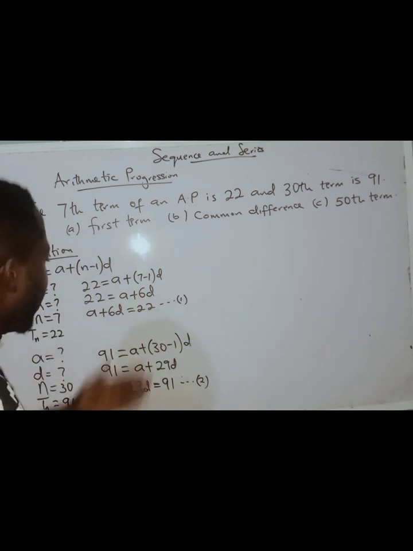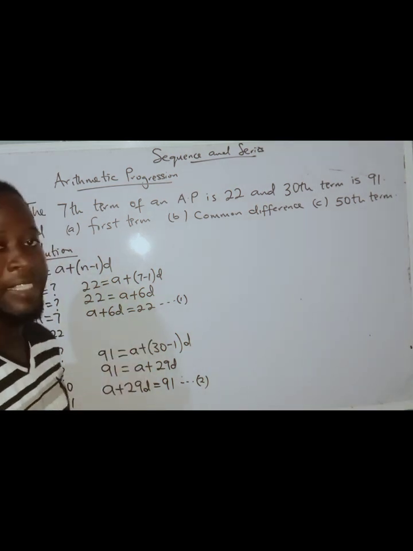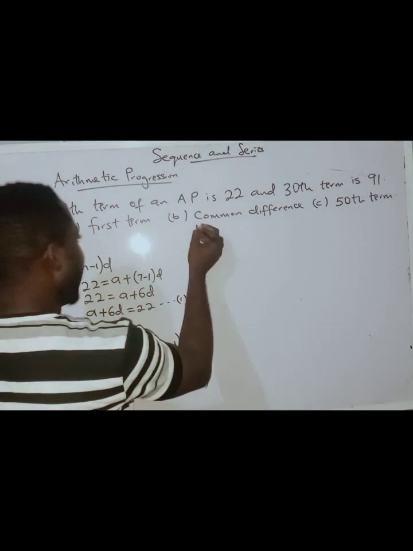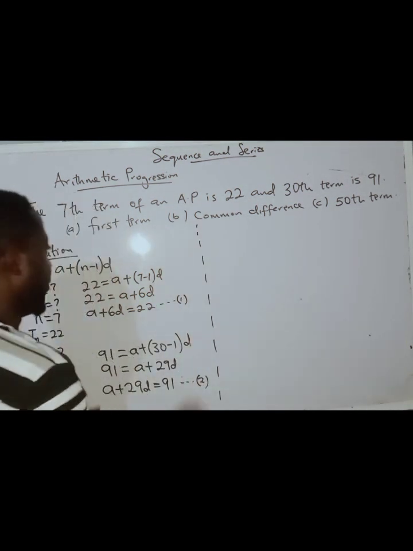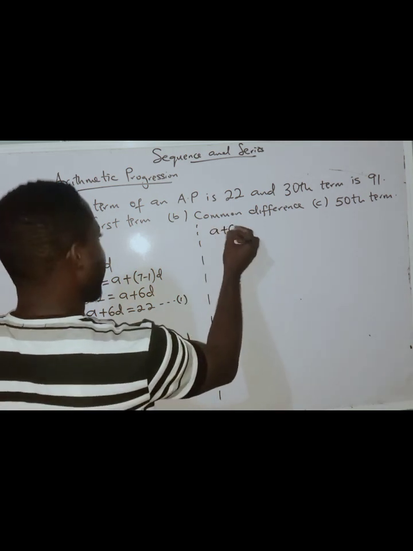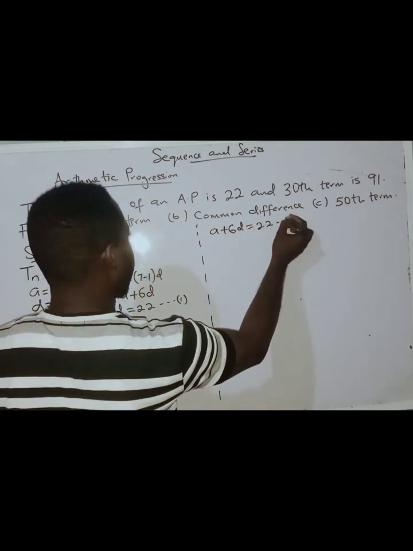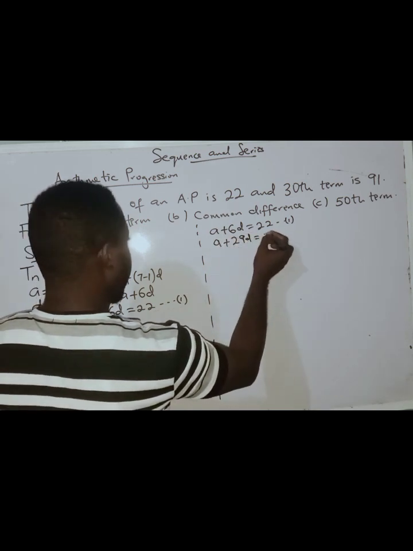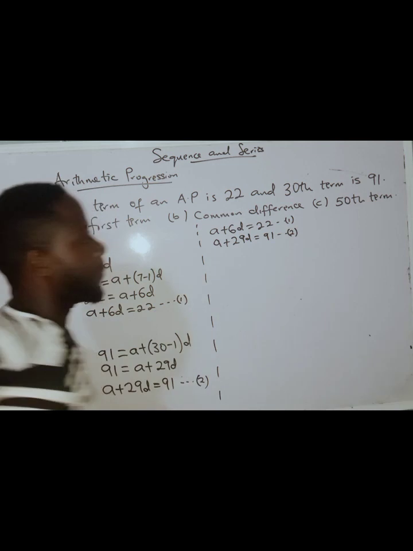Now, since we have equation 1 and equation 2, this leads to simultaneous equations. That means I'm going to solve simultaneously now. So my equation 1 is A plus 6d equals 22, and equation 2 is A plus 29d equals 91.